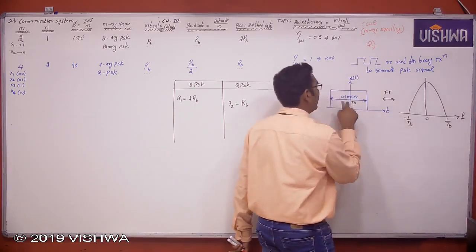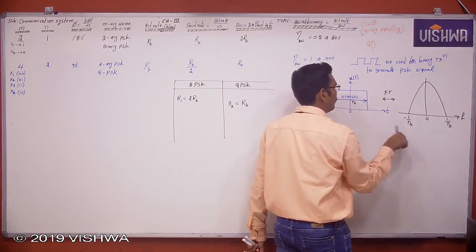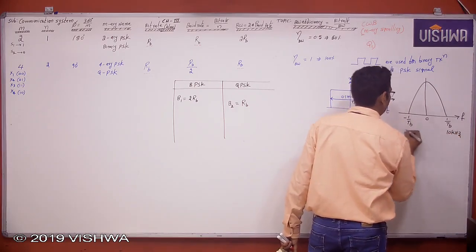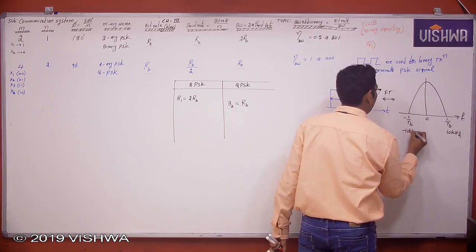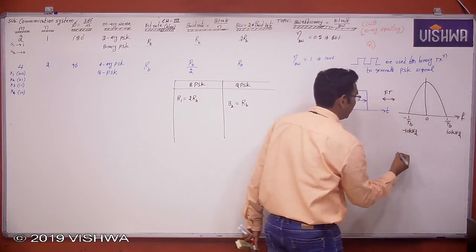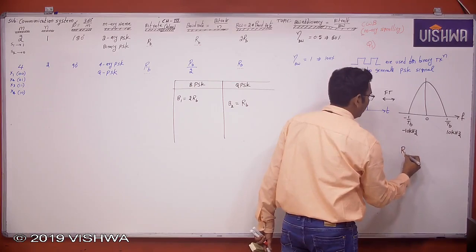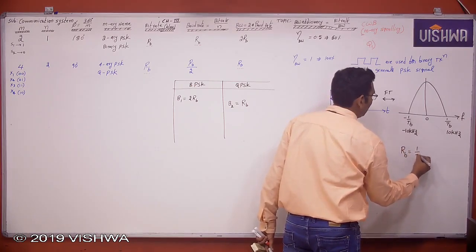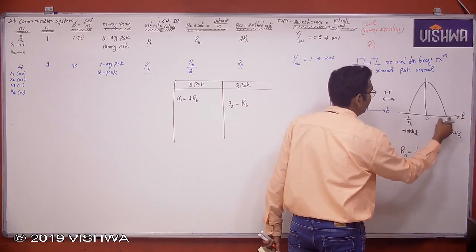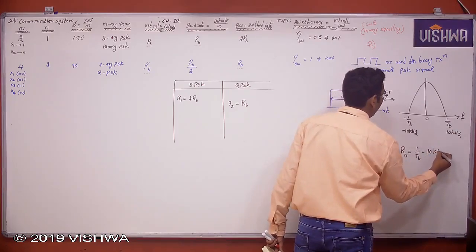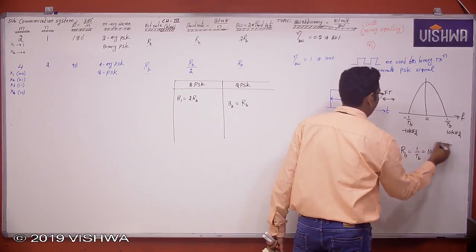Now this is 0.1 millisecond. 1 by 0.1 millisecond, 10 kilohertz. This is minus 10 kilohertz. From here you can easily calculate. What is RB? 1 by TB is nothing but RB. How much is it? 10 kilobits per second is the bitrate.